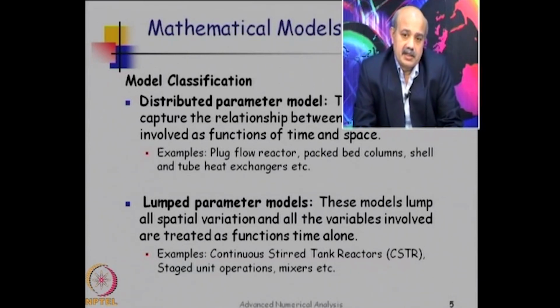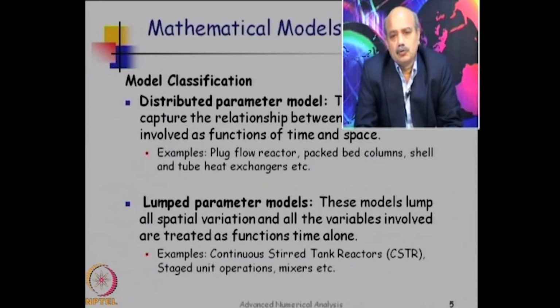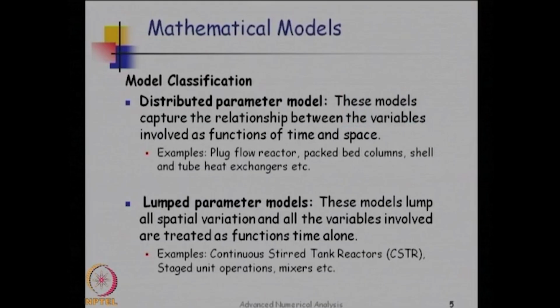If you are looking at transient behavior, only time comes into the picture. If you are looking at steady state behavior, you may get only algebraic equations. These are two broad classes of models encountered in chemical engineering, and we are going to study how to solve different subclasses belonging to these two broad classes of models.